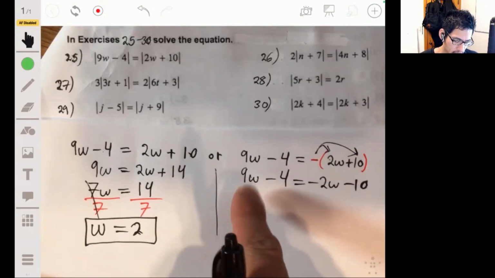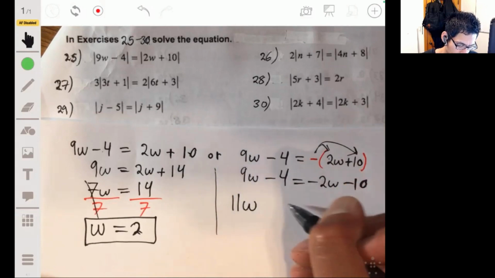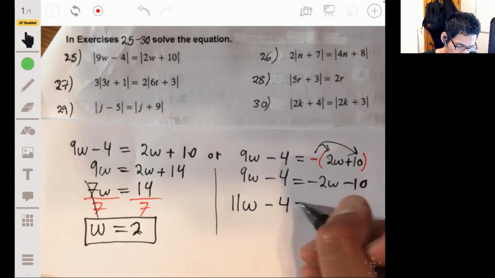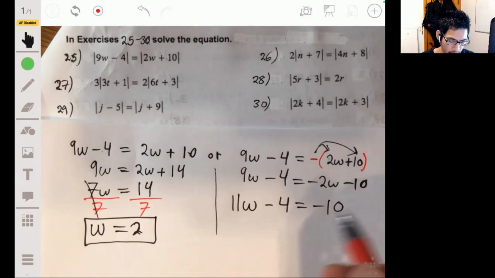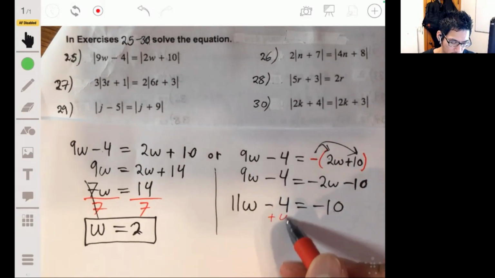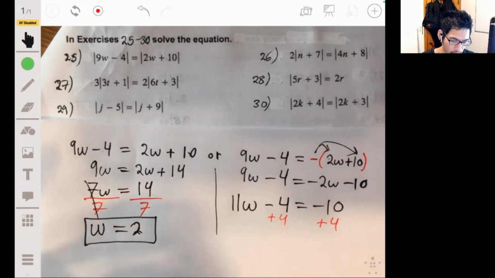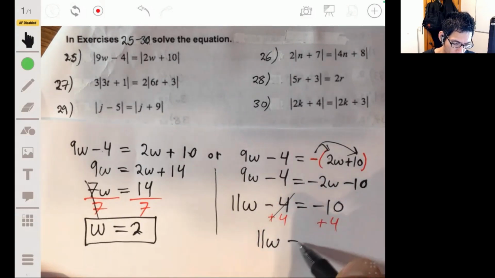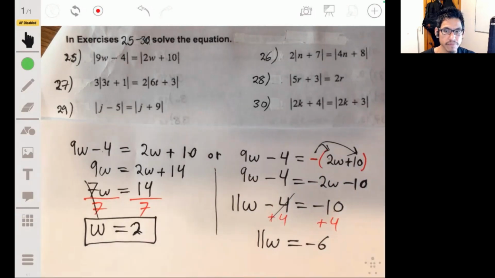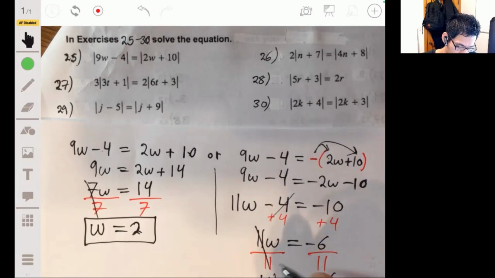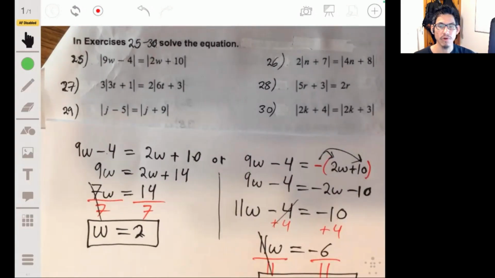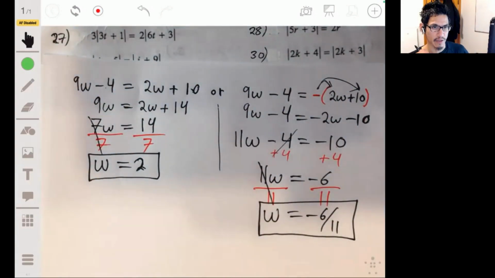Adding 2w, 11w minus 4 equals -10. Then add 4 to both sides. 11w equals -6. And divide both sides by 11. And w equals -6 over 11. Whoa. Yeah, there you go.